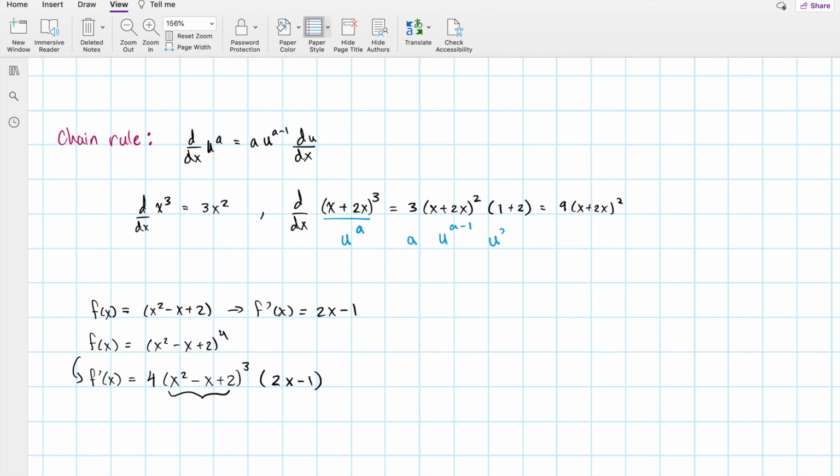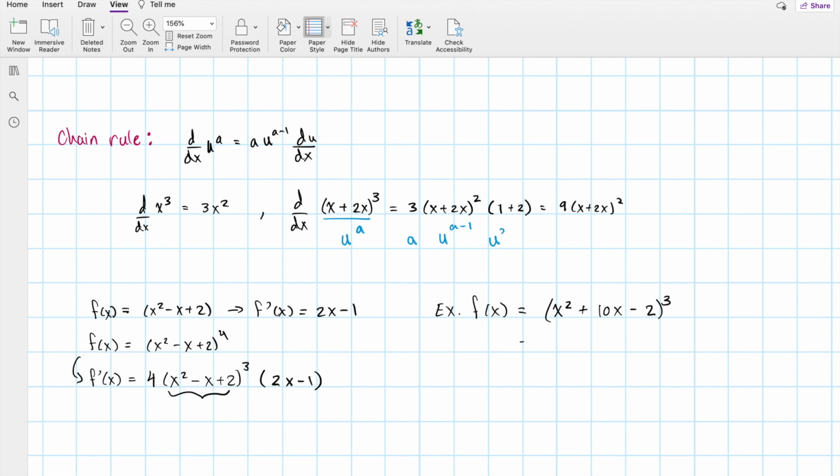Okay, let's do another practice problem before we move on. What if we had f of x is equal to x squared plus 10x minus 2 to the power of 3?